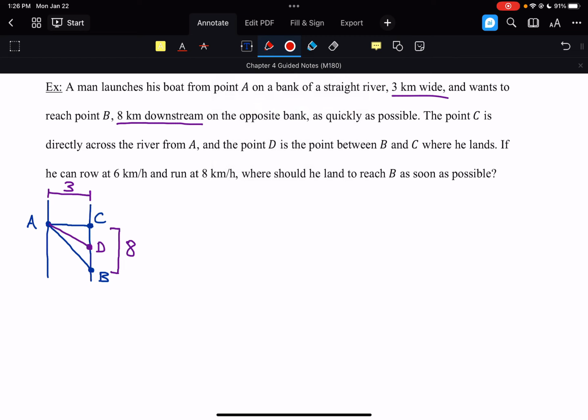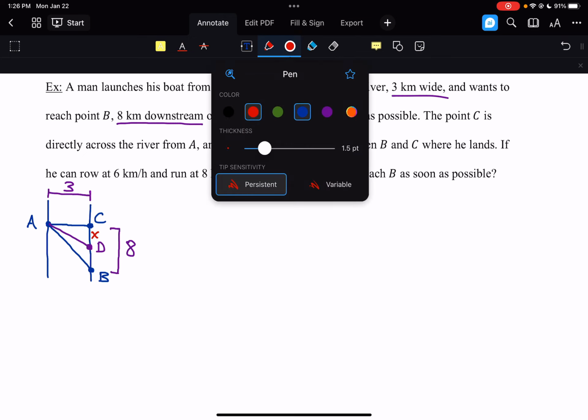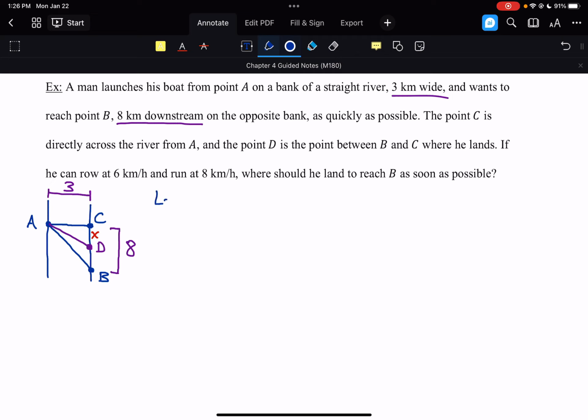So let's let x be the distance from C to D. That means x has to be between 0 and 8. Because if he lands at C, then that's 0. If he lands at B, then that's 8, and then anywhere in between.